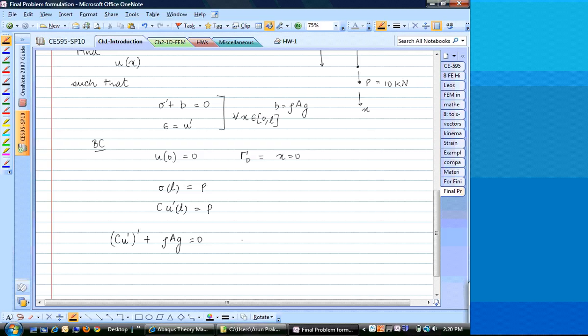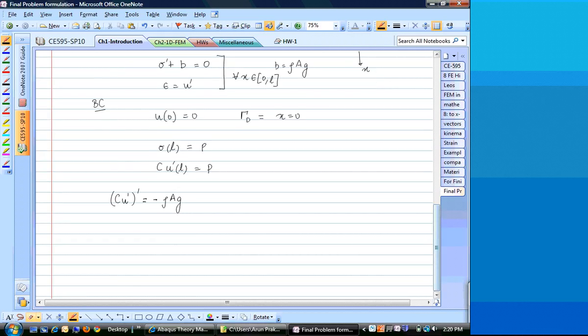If I take rho A g to the other side, what that becomes is (C u prime) prime is equal to minus rho A g.